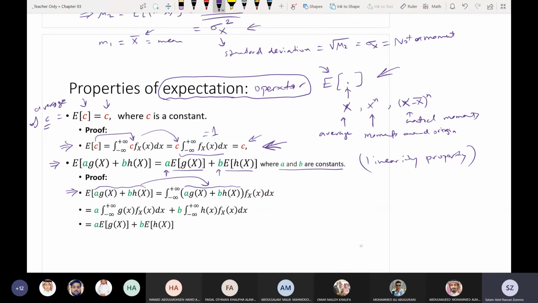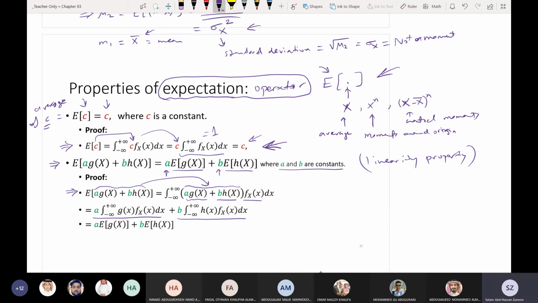When we do that, we can separate the integral into two integrals, with a summation between them. The first is a g(x) multiplied by the PDF of x, and the second integral is b h(x) multiplied by f_X(x).